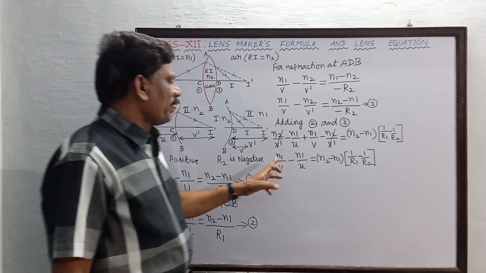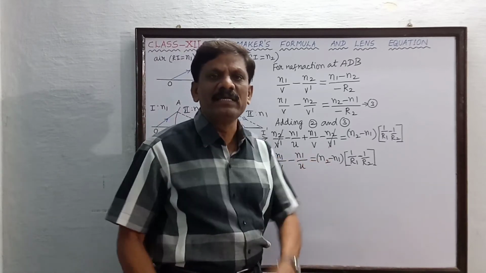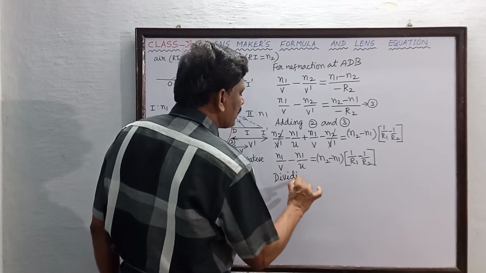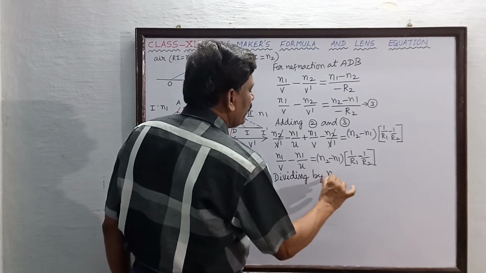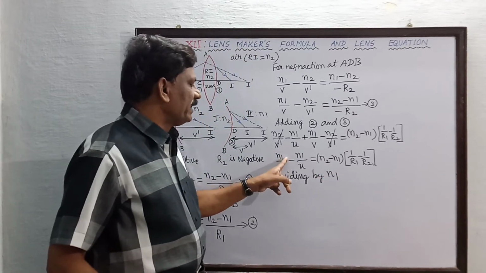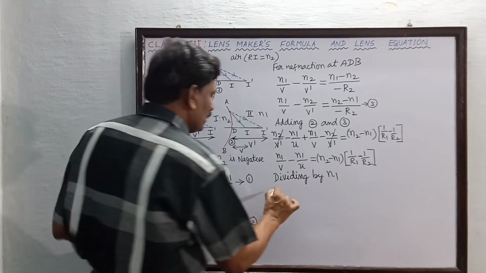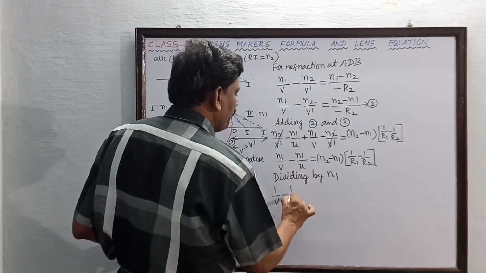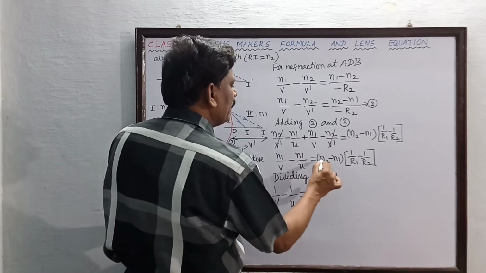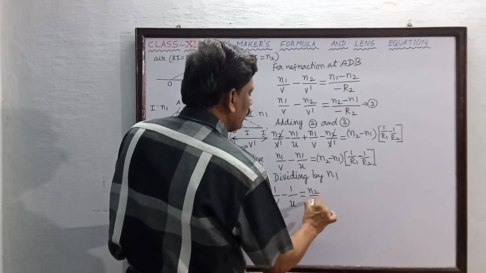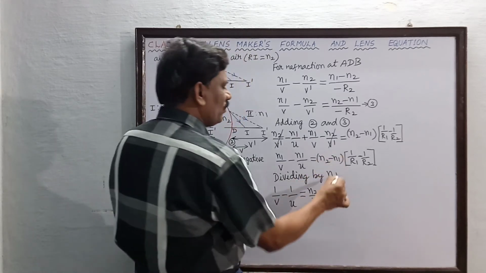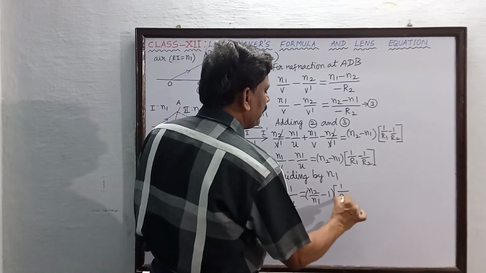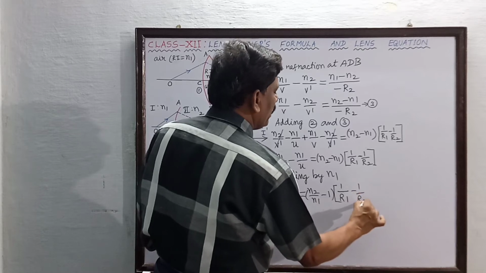Now I am going to divide each term by n1. So dividing on both sides by refractive index n1, this will become 1 by v. Is it not? So 1 by v minus 1 by u is equal to n2 by n1 minus n1 by n1, which is 1, into 1 by r1 minus 1 by r2.